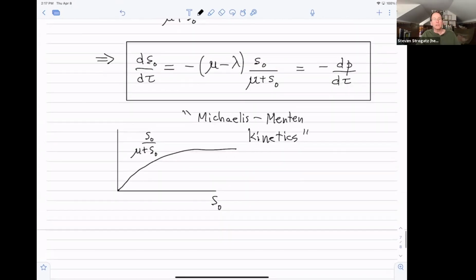It saturates. And so that's a very characteristic way that chemical kinetics behave in these enzyme catalyzed reactions. So you'll see this all throughout systems biology and biochemistry. And like I say, it comes out of this boundary layer way of thinking.